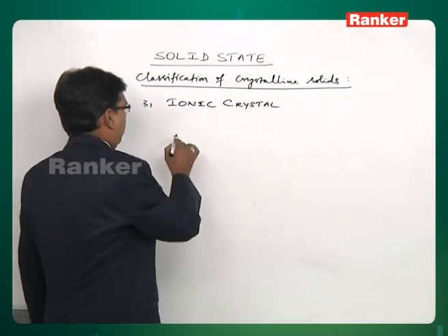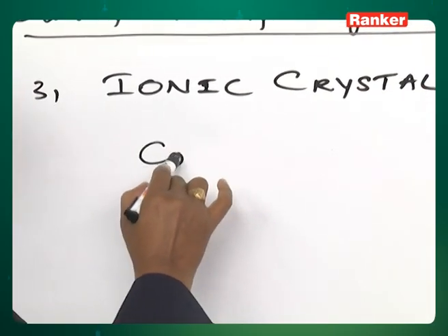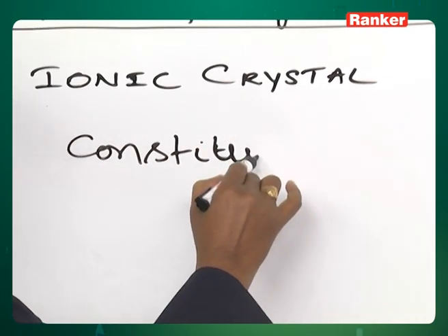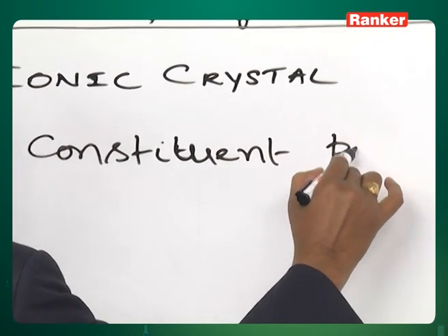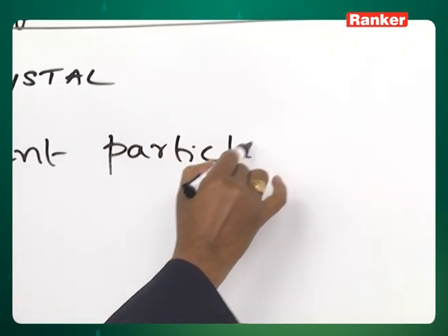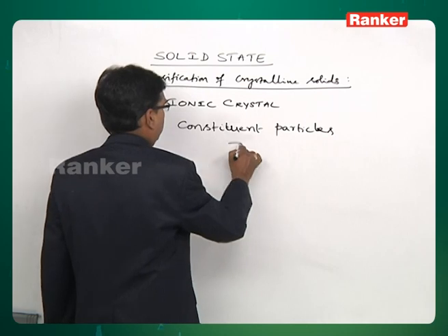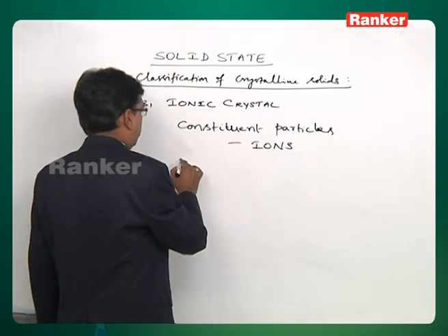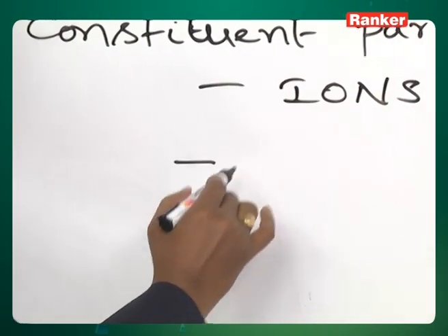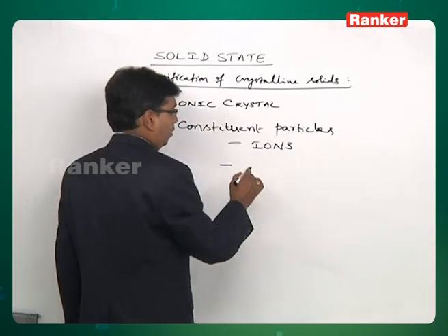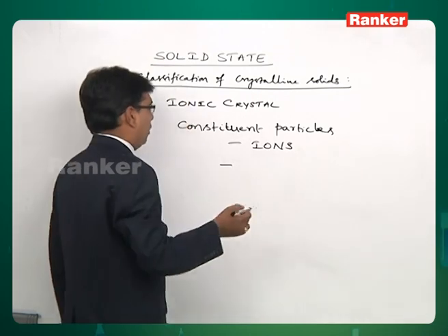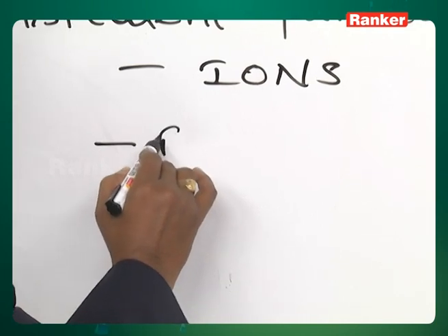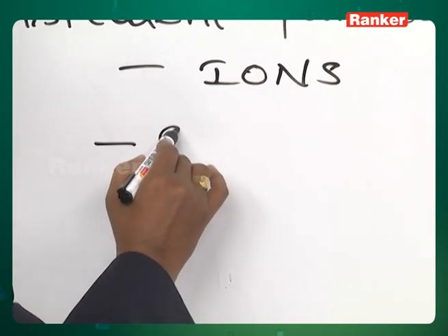In the ionic crystal, the constituent particles are ions, and the binding force is the Coulombic force of attraction, or interionic force.